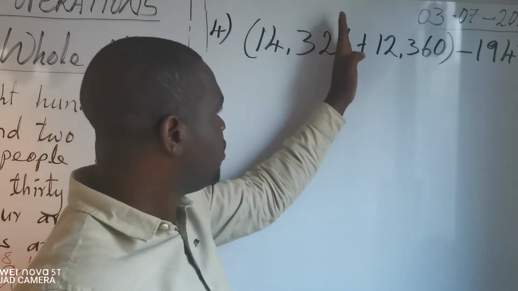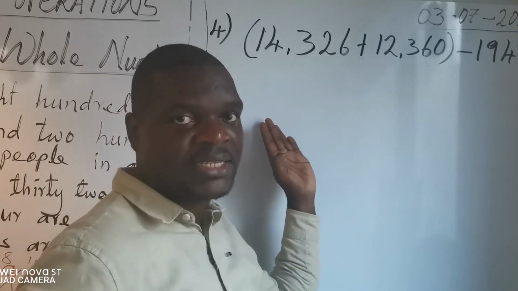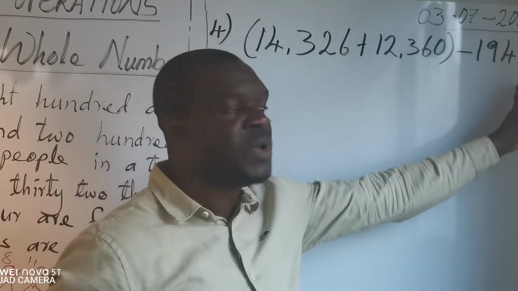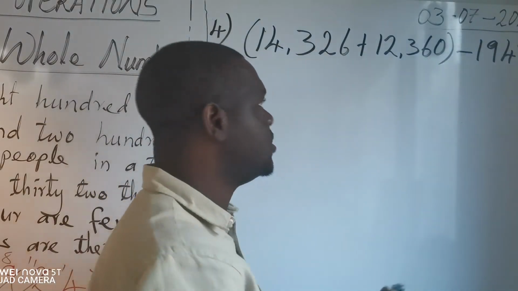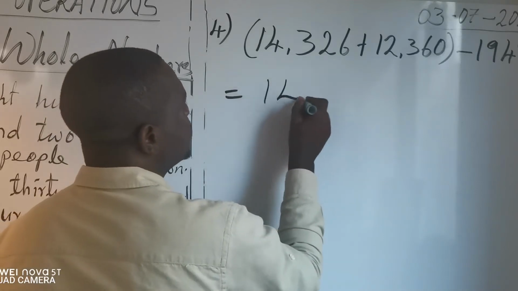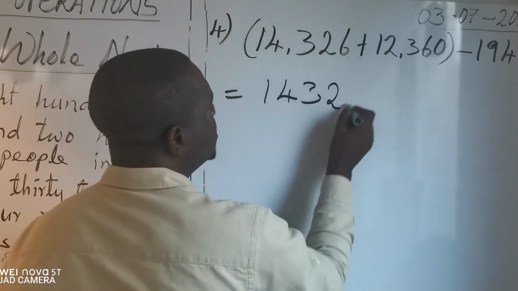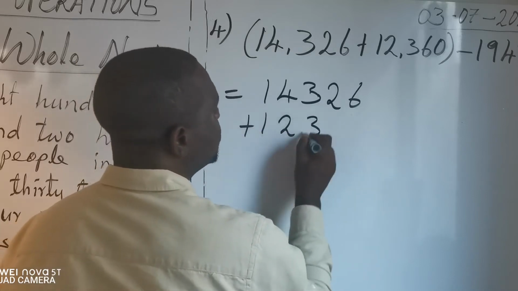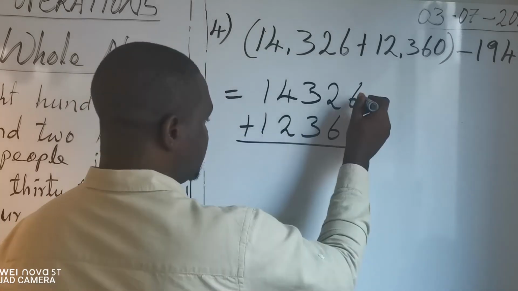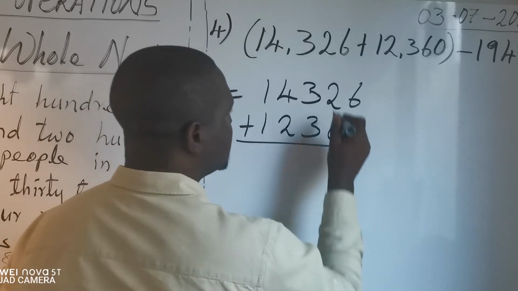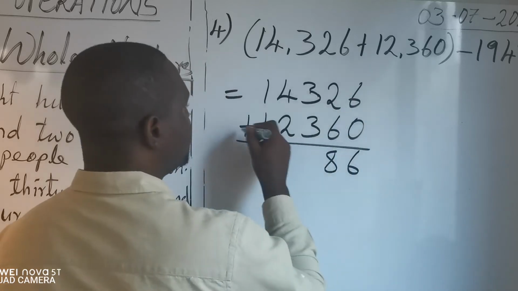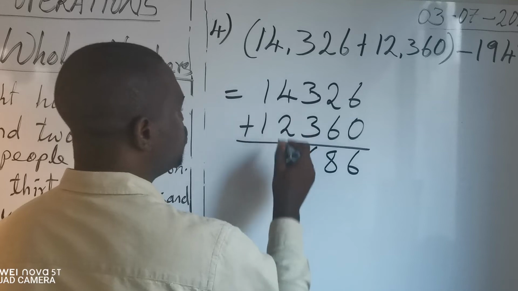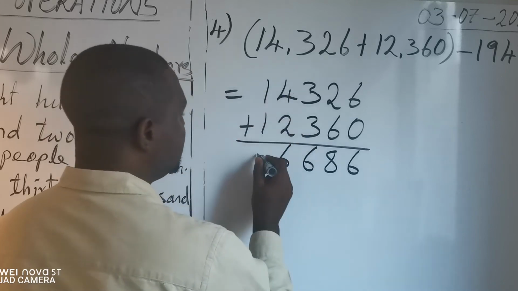So we first of all finish with the left hand side and then subtract what we have on the right hand side from it. That is 14,326 plus 12,360. 6 plus 0, 6. 2 plus 6, 8. 3 plus 3, 6. 4 plus 2, 6. 1 plus 1 is 2.